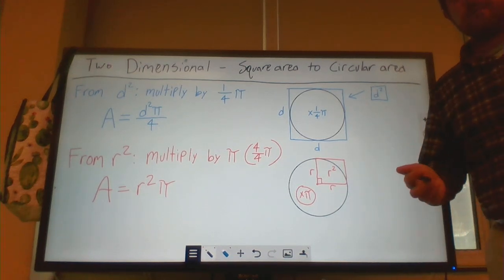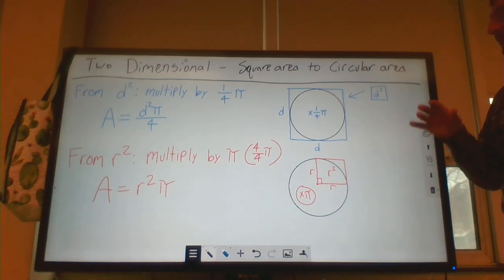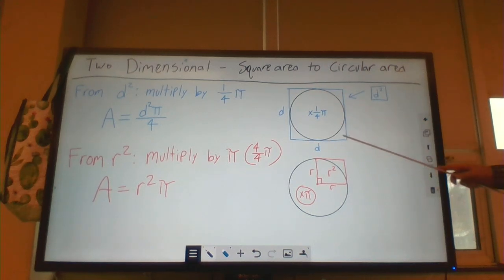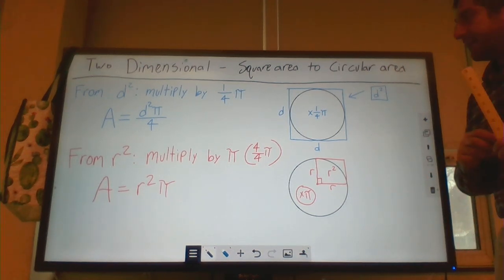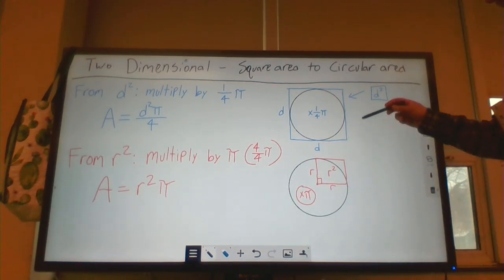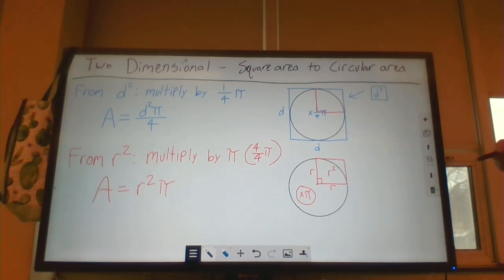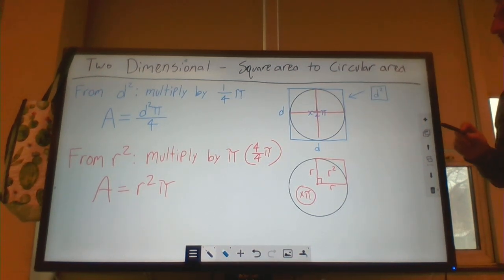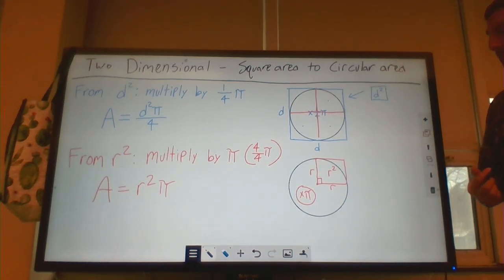And then as you recall, when we're trying to find circular area, we are basing it off of a square area. So we could start with a diameter square, which encompasses the entire circle, or we can start with a smaller radius square. Now, the first thing I want you to see is the relationship between the diameter square and the radius square. If we were to overlay a radius square on a diameter square, it would become pretty apparent very quickly that it would take 4 radius squares in order to equal 1 diameter square.